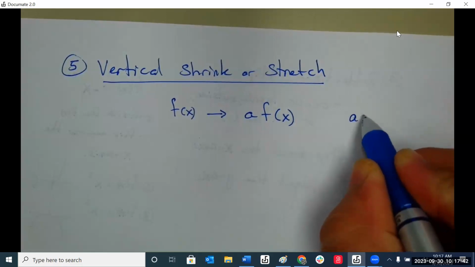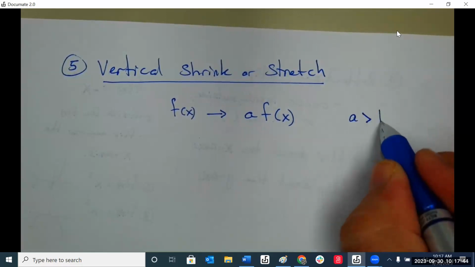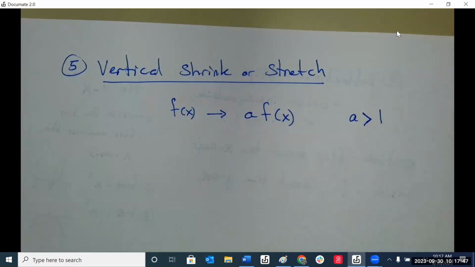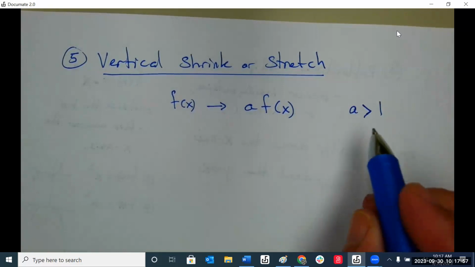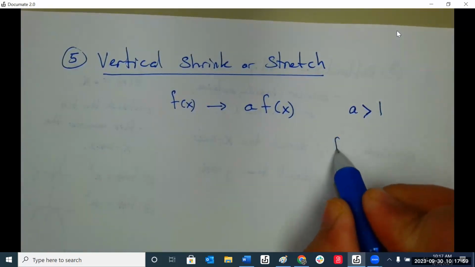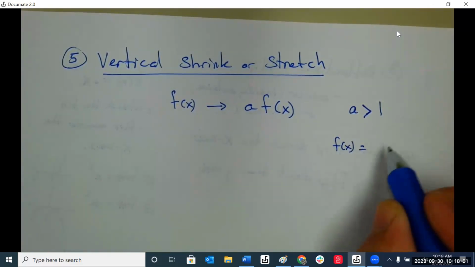So we have the first one if a is bigger than 1. Let's see what happens here. So as we had our function f of x equals 3x squared.